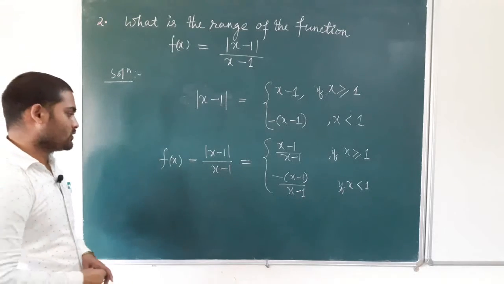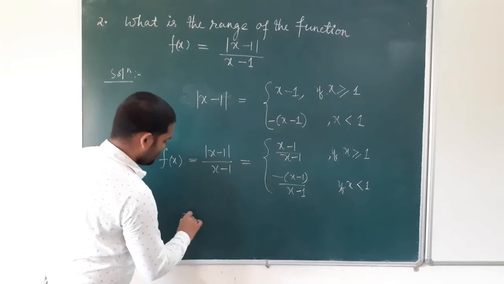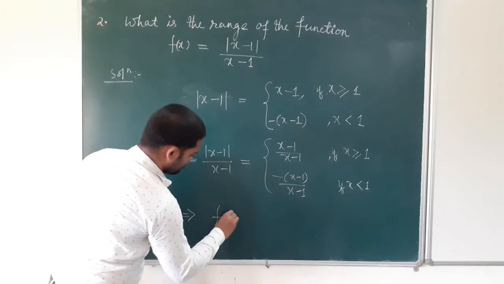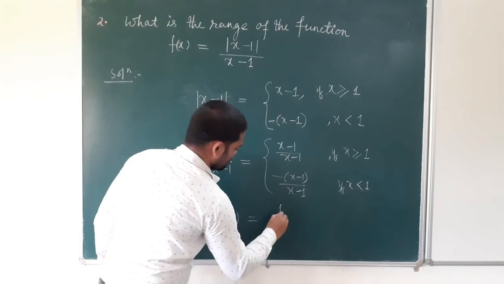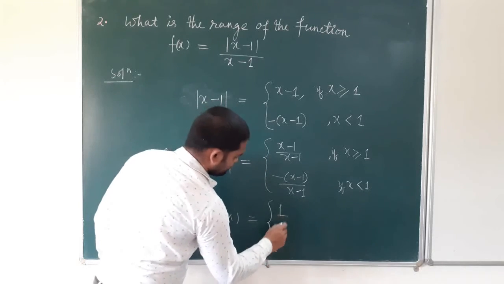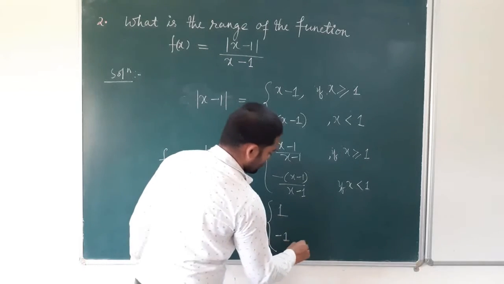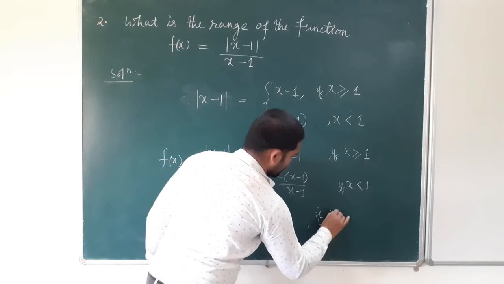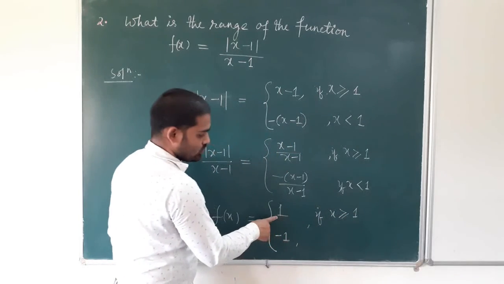So this function f, this cancels, you get 1, and the other is minus 1. So if x is greater than or equal to 1, you get 1.